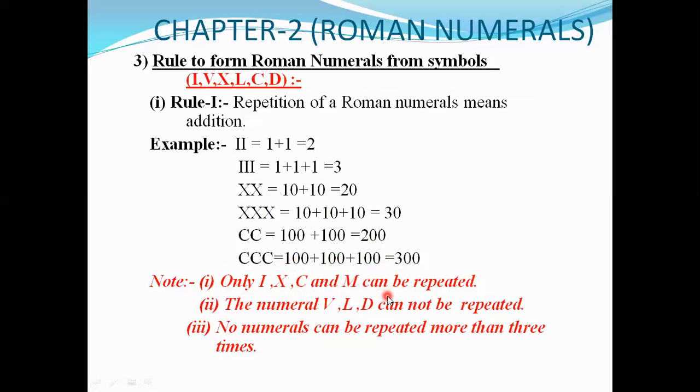Only I, X, C, and M can be repeated, but there are some exceptions also. Here we see I repeated, X is also repeated, C is also repeated, but M cannot be repeated.